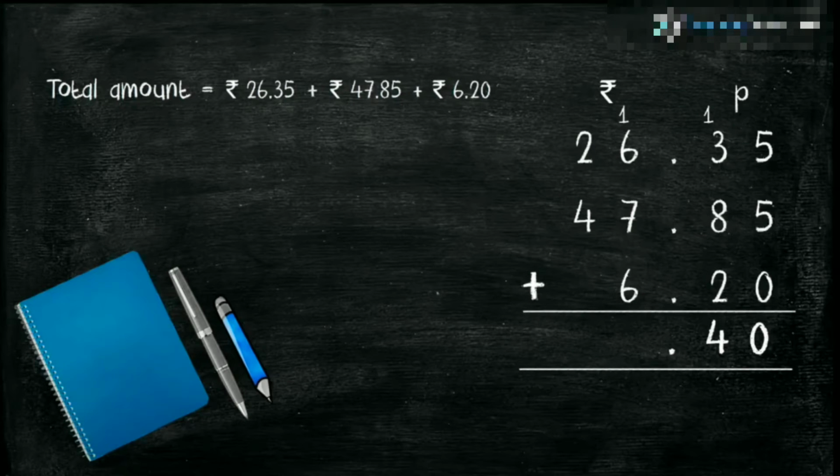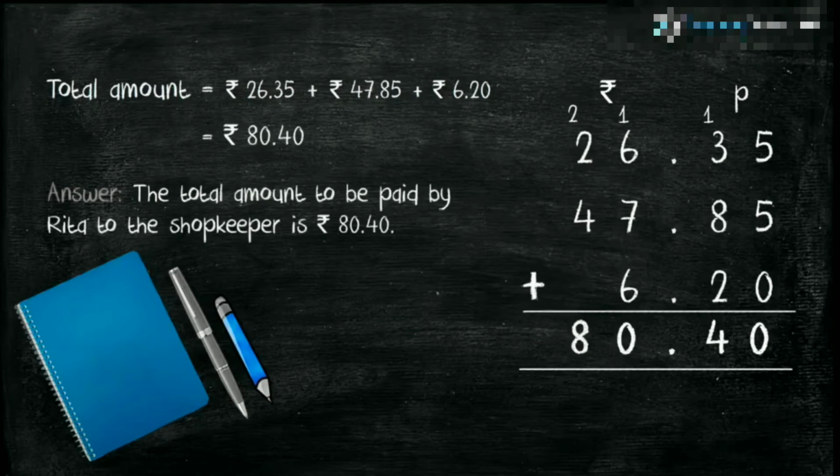Let's add rupee column now. 1 carry plus 6 plus 7 plus 6 equals 20. Carry 2 and 2 carry plus 2 plus 4 equals 8. Therefore, our answer is 80 rupees 40 paise. Let's write the answer statement. The total amount to be paid by Rita to the shopkeeper is 80 rupees 40 paise.